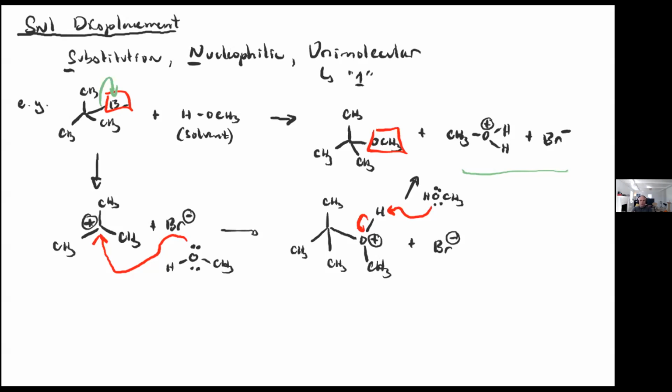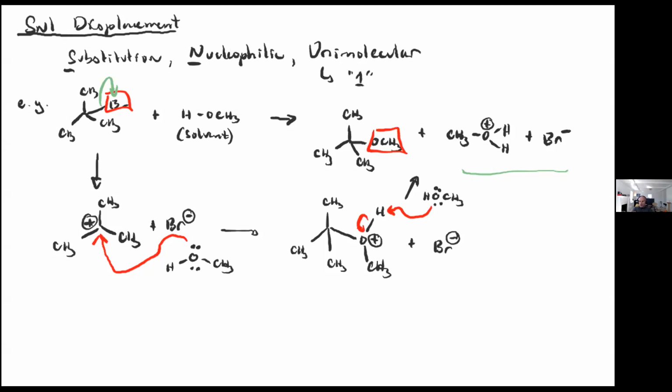Okay. And so you might be thinking, why does this last proton transfer occur? They're sort of similar basicity, and that is a true statement. The answer is that you just have to think about the relative concentrations. The molarity of pure water is 55 molar.